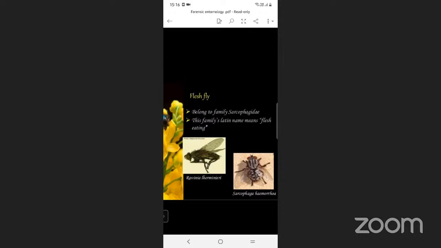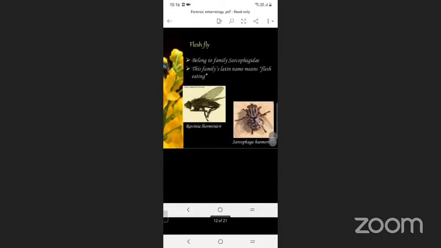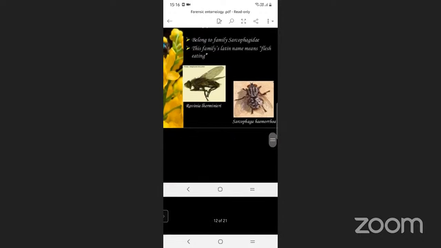Okay. So flesh flies, when we take into consideration, belong to the family Sarcophagidae. This family's Latin name means flesh eating. So usually these flies will be there even when a small piece of meat is left over in any place.